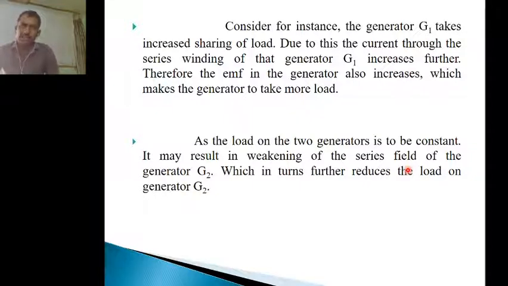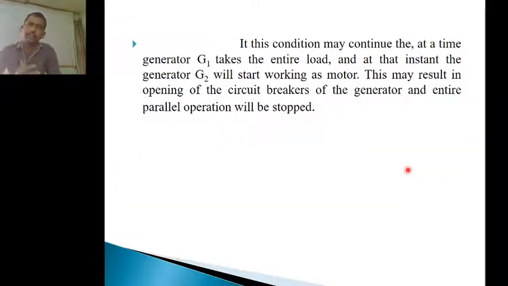As a result, the field current in generator G2 will decrease, so the EMF developed in generator G2 will decrease. If this process continues, what happens? Generator 1 takes the entire load and generator 2 doesn't take any load.